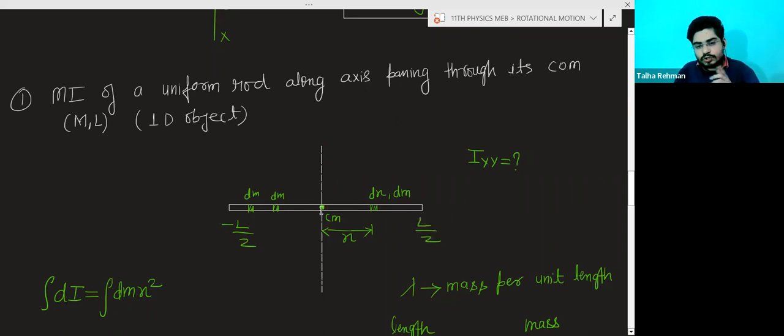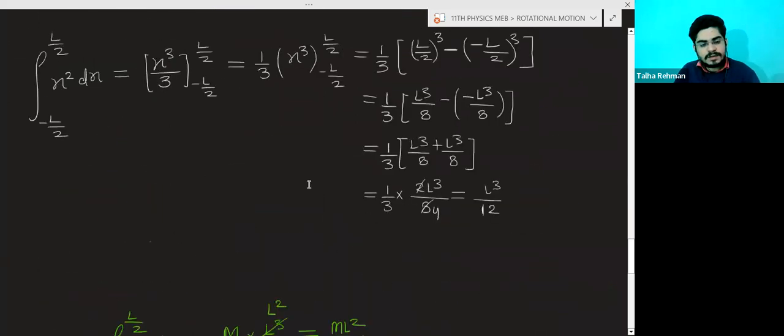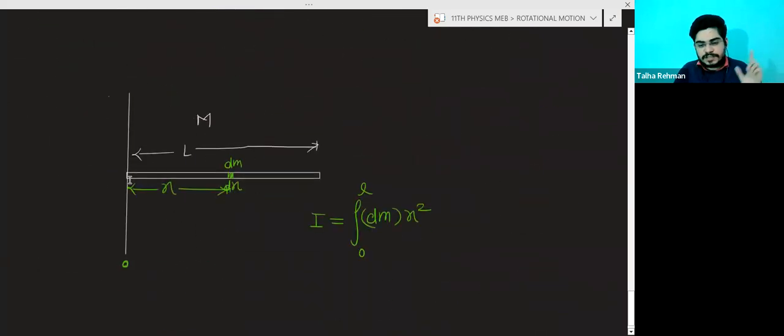But here you have to choose one origin or reference point. So this is the origin point. If x is going in the left direction, you take the sign of the direction: to the left, x can go to the limit minus L by 2, and to the right, it can go to L by 2. Here, with the origin at the end, the minimum value of x is 0 and the maximum value is L.